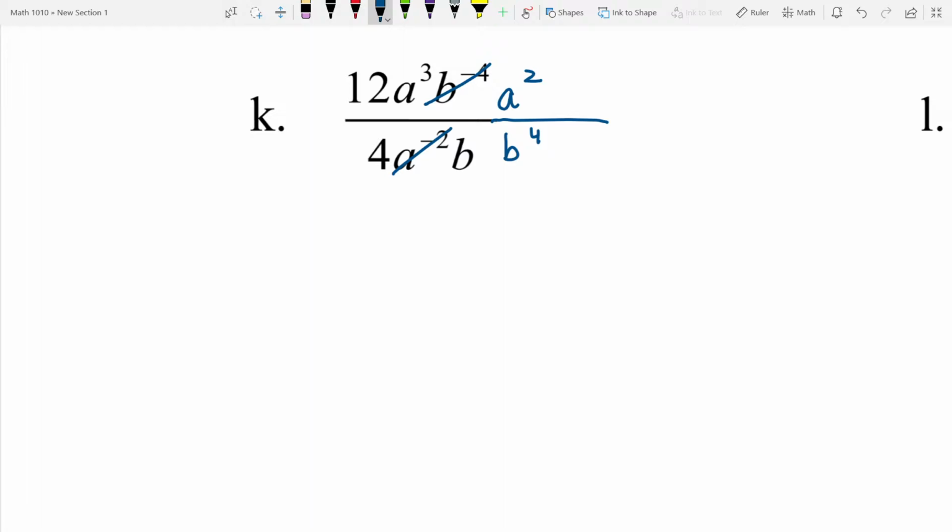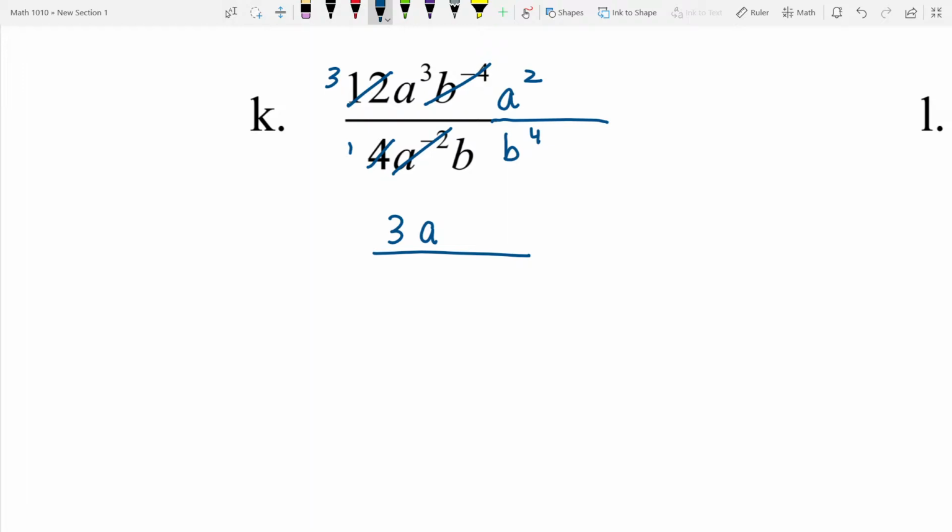Look at the 12 and the 4. 4 goes into 12 3 times, 4 goes into 4 1 time. So let's see what we've got now. We've got a 3 on the top. Now, here's where you have to remember these rules, guys. Look, you have an a to the second times an a to the third. Do I add and get a 5? Or do I multiply and get a 6? Add or multiply? Tell me.